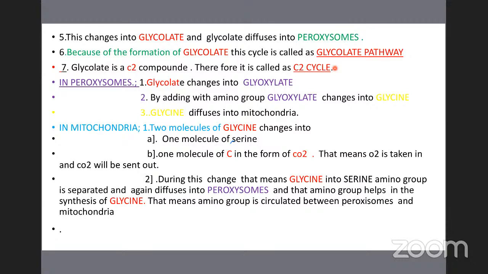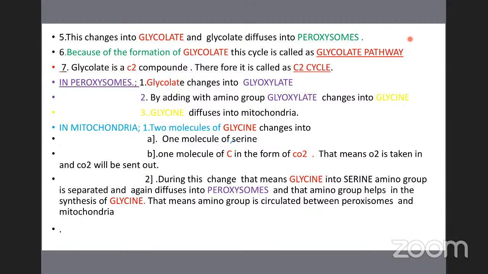Here, photorespiration takes place in 3 different organelles, of which the first organelle is the chloroplast. In the chloroplast, phosphoglycolate changes into glycolate, and because of the formation of glycolate, this cycle is also called the glycolate pathway.